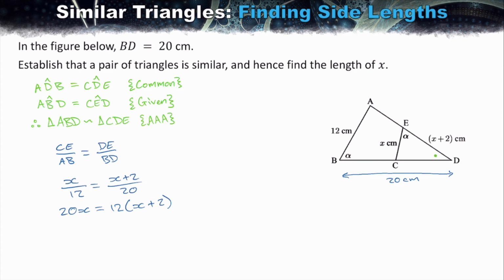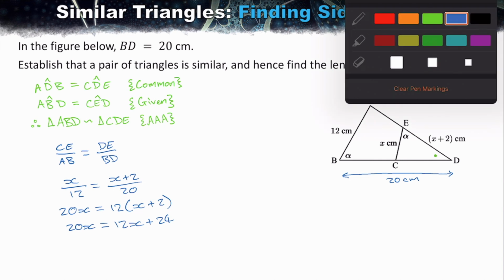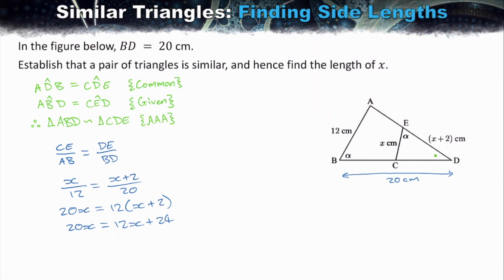So from here, I'm just going to expand the right hand side. This will be 20x is equal to 12x plus 24. Now I'm going to get the x's to the same side, so I'll quickly show the working out here. If I subtract 12x from here, I'd have to subtract 12x from here. That would leave me with 8x is equal to 24.